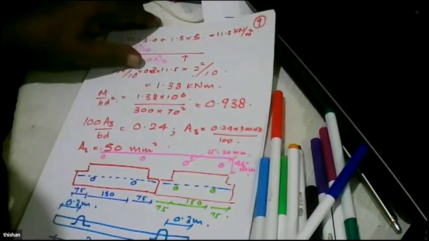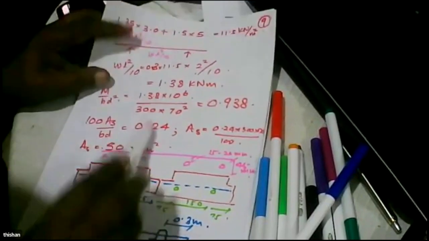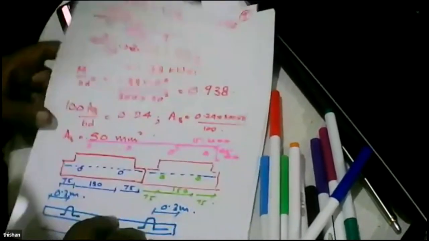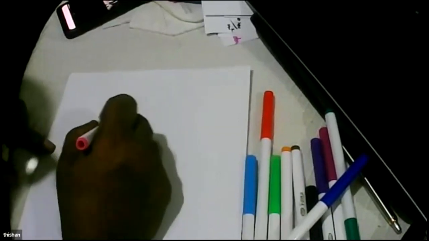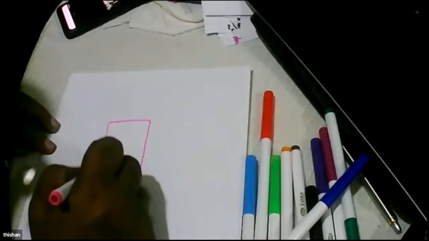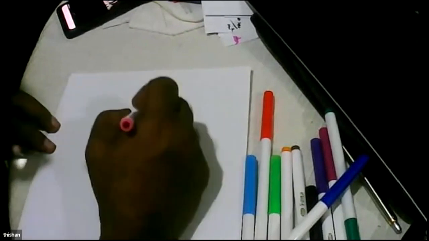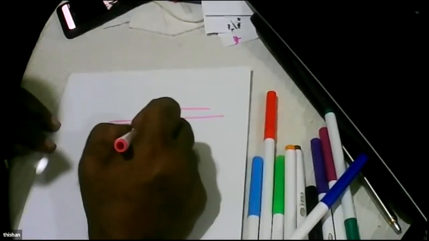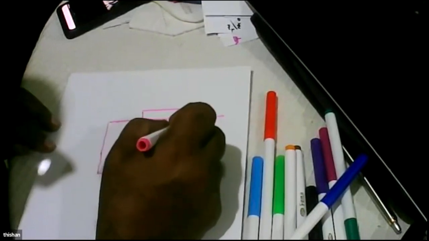Yeah. So now we have done the slab. So now we can have the reinforcement diagram. I'll draw a large diagram for the beam. We have this slab with 40 millimeter bearing.